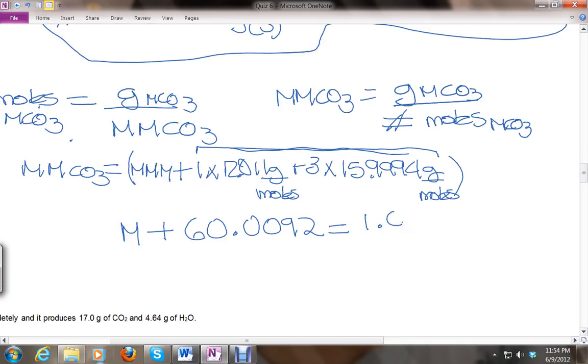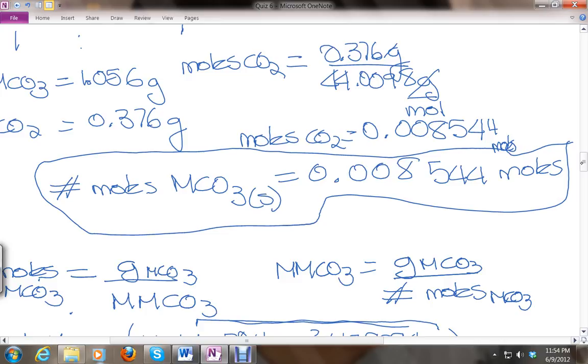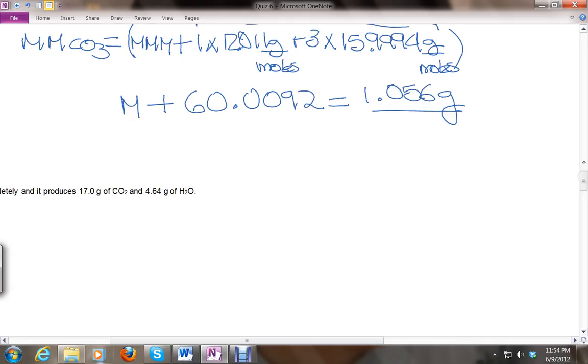So 1.056 grams divided by the moles you have in this sample that we calculated from the CO2, which is 0.008544 moles. And this is grams per mole.